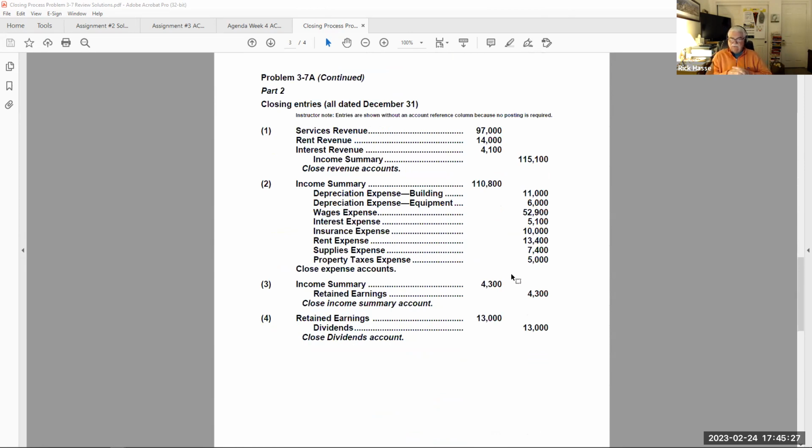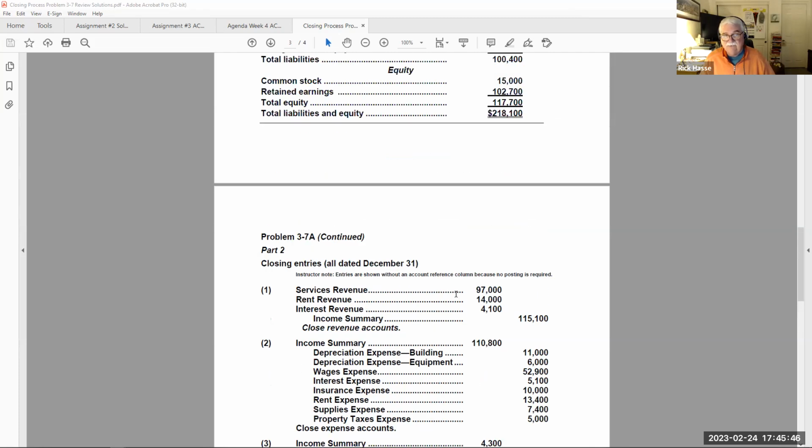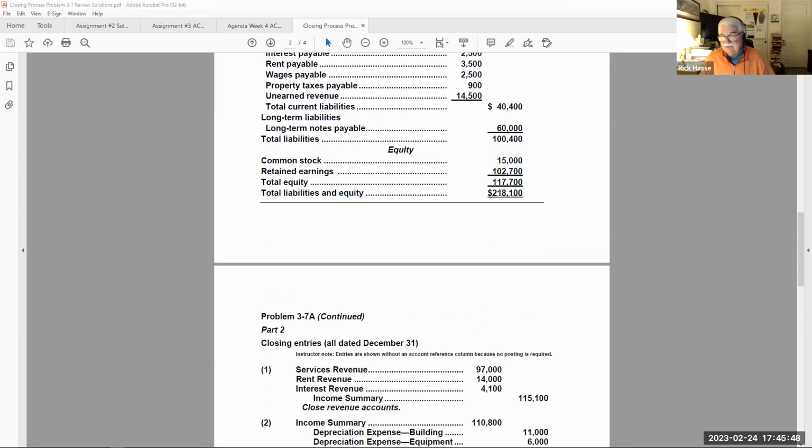The closing entries, you will be required to do this for your assignment number 3. And then the last step is to do the post-closing trial balance, which is to list all the remaining account balances left on your financial records. And that would be all the asset, liabilities, and the 2 equity accounts, stock and retained earnings.